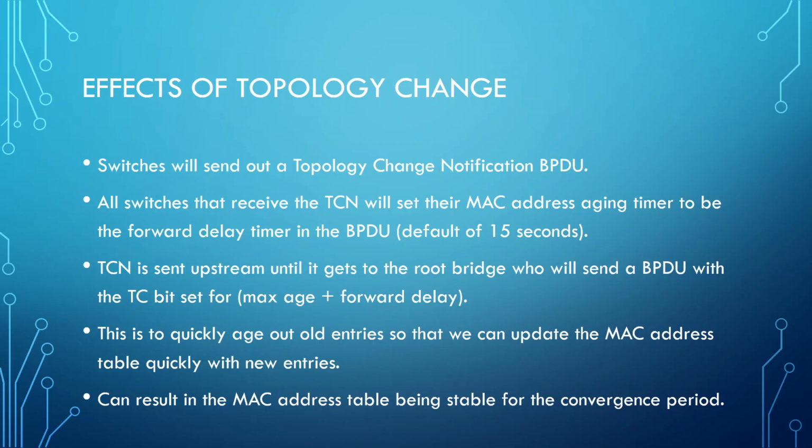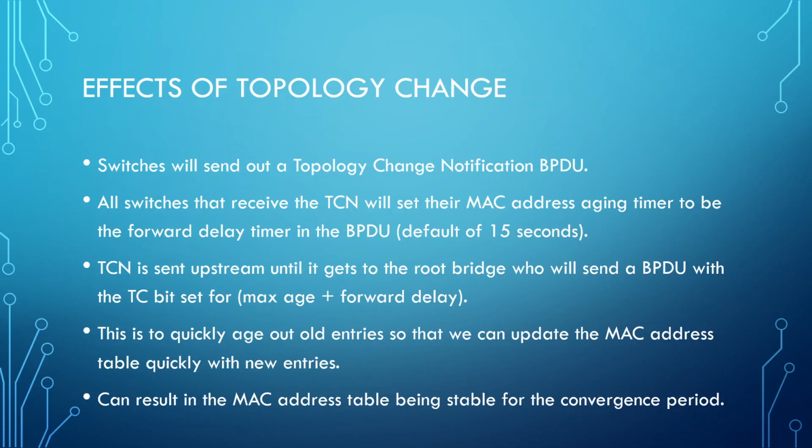Then that topology change notification is sent upstream until it hits the root bridge, and the root bridge will send a BPDU to all the switches in the network with the TC bit, or the topology change bit, set. This is for the duration of max age plus forward delay, so for 35 seconds I'm going to send this BPDU with the TC bit set in the flag field.